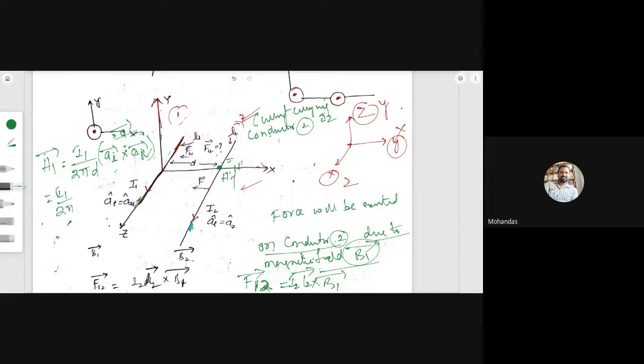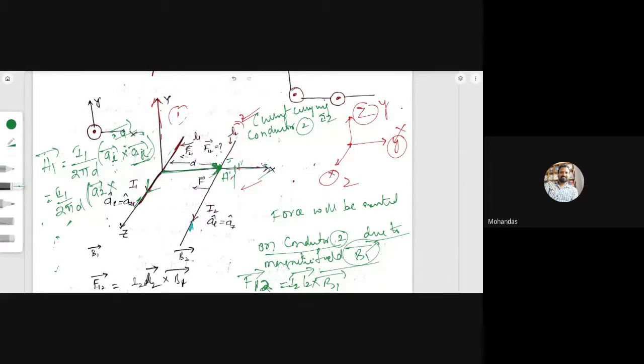I1 by 2 pi d. What is AL? Direction of current, isn't it, positive AZ or negative AZ? Positive AZ. Very good. Positive AZ cross AR. What is the unit vector in the direction of field point? The field point is here, that is, in this direction.